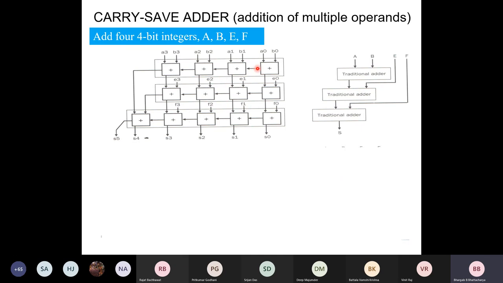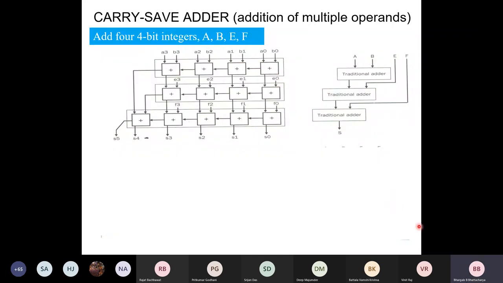Here, whenever you have a generation of carry, you are reusing it in the next stage. So this is not carry save addition. This is the classical traditional addition. In carry save, as we explained in the previous example, the carry is not being added. The sum bit and carry bit are generated independently. There is no signal flow across the blocks belonging to the same adder.